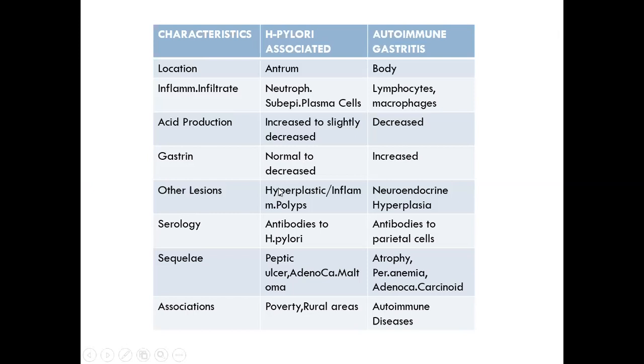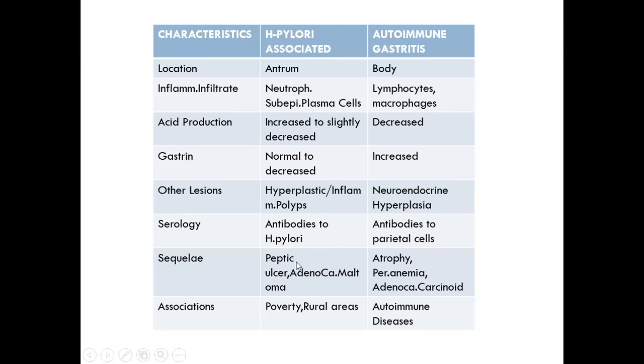Other lesions which may be seen: there are hyperplastic or inflammatory polyps in H. pylori associated gastritis, and there is neuroendocrine hyperplasia in autoimmune gastritis. And if we do serology of these patients, there will be antibodies to H. pylori in H. pylori associated gastritis and antibodies to parietal cells in autoimmune gastritis.